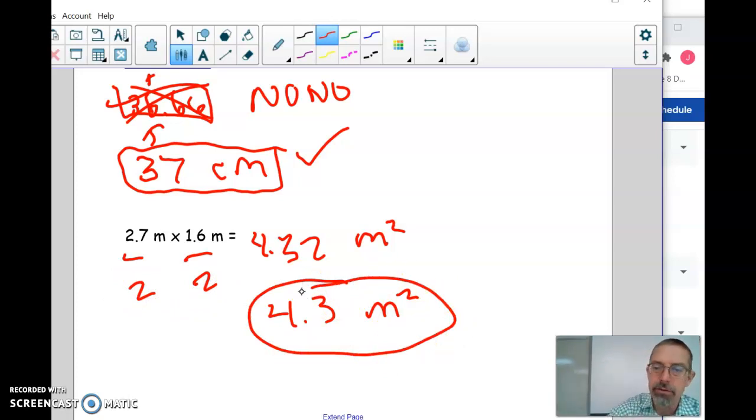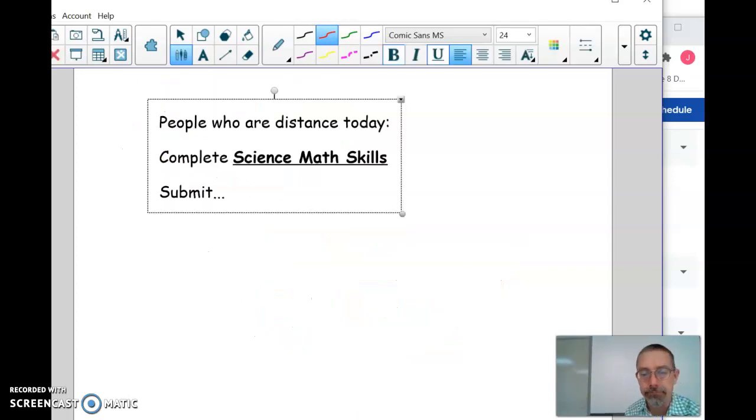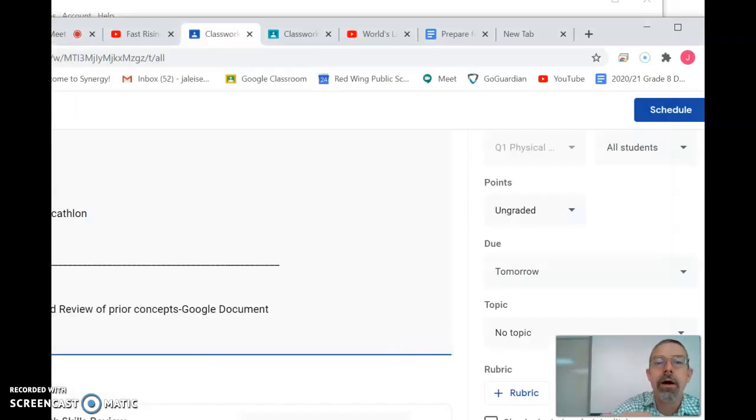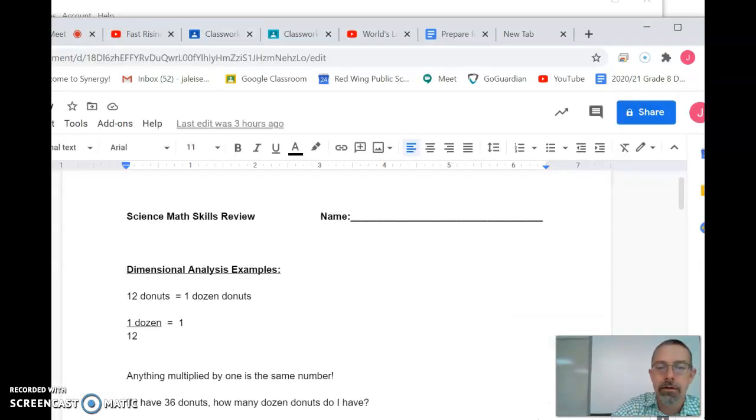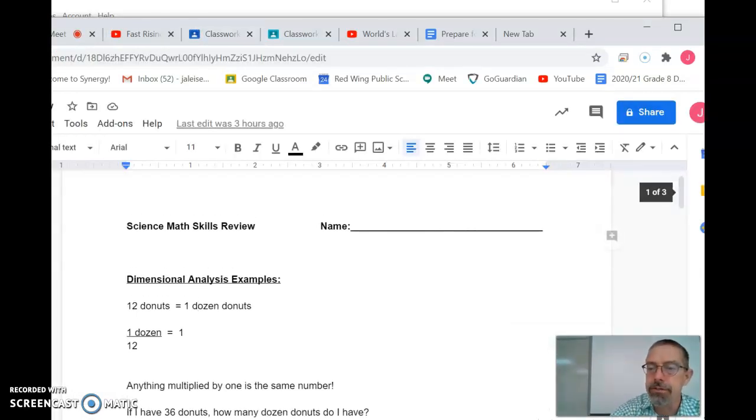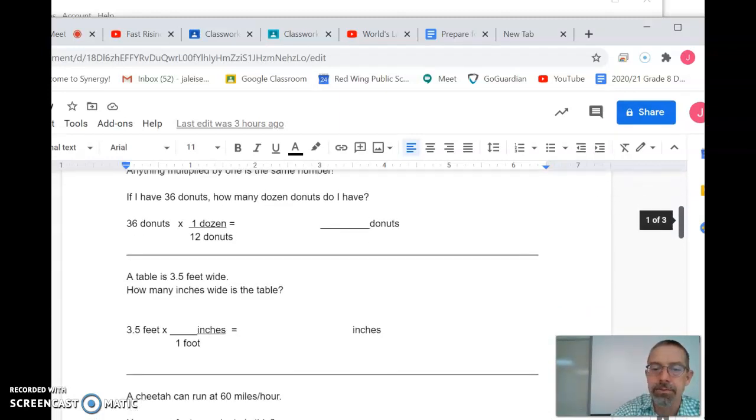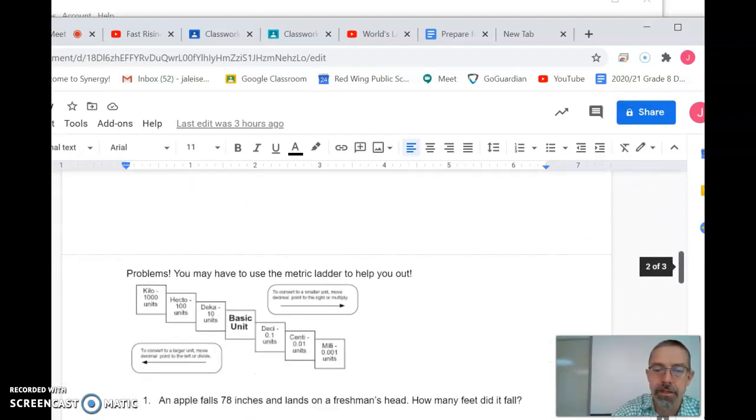So I want you guys to give that another crack because you really suffered showing me significant figures last time. So your assignment is called Science Math Skills, and you're going to submit that to me. You'll see that these are the demonstration problems that I just did on the first page.